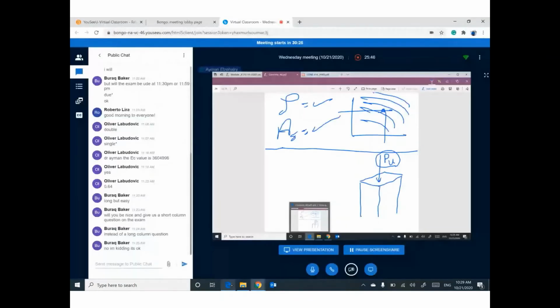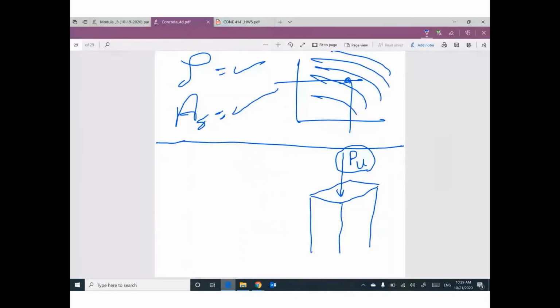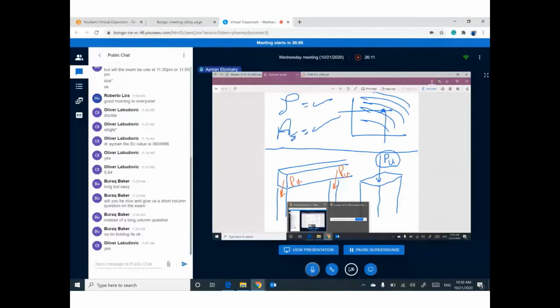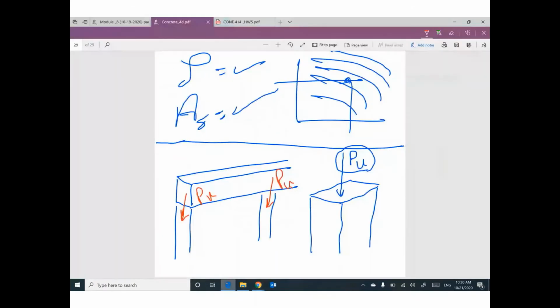Guys, are you here? We have a beam, and this beam is supported here by a column and supported here by a column. So the reaction coming from this beam will be P ultimate. That's right? Or we need to do something. Before, you learned how to reach finally a beam with uniform distributed load W ultimate.